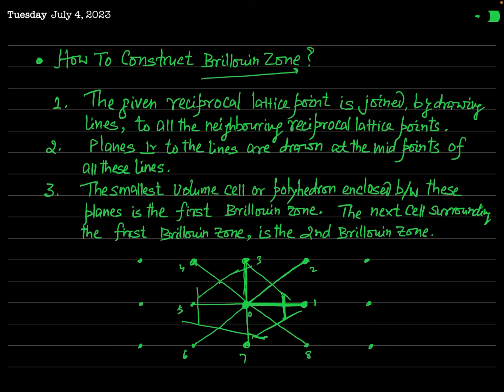But as this plane has been shown in just a plane, it appears like a line. But you should say that this AB is a plane passing through the midpoint joining the two reciprocal lattice points lying at O and at 1. Okay.